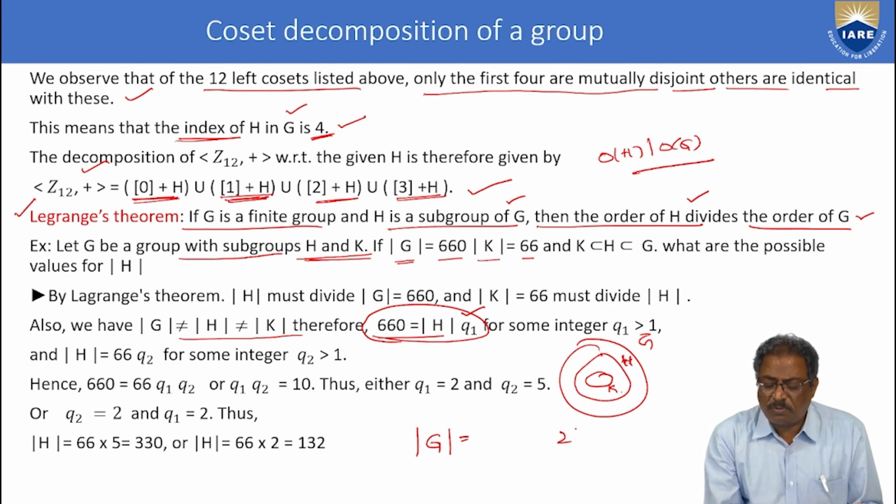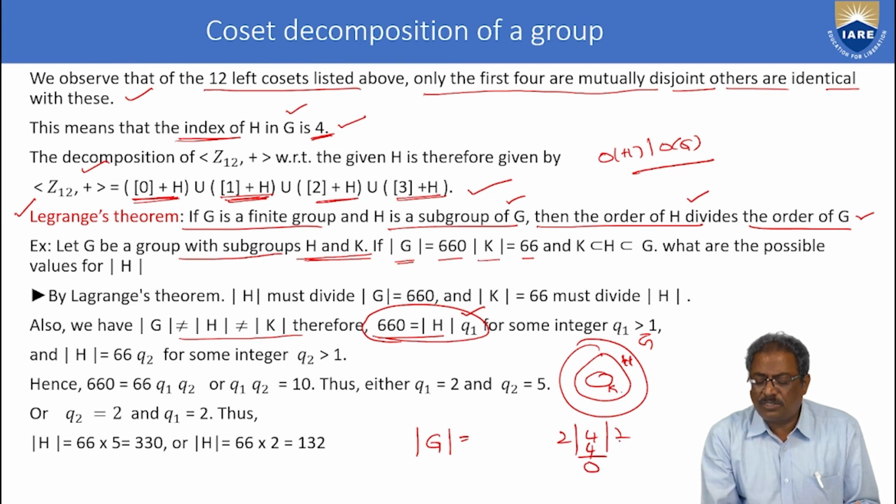Suppose 2 divides 4, the quotient is 2, so 4 equals 2 into 2.